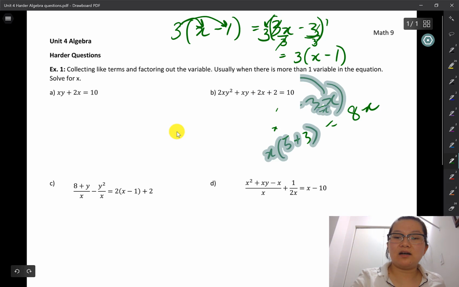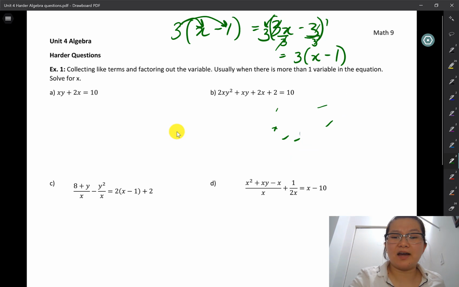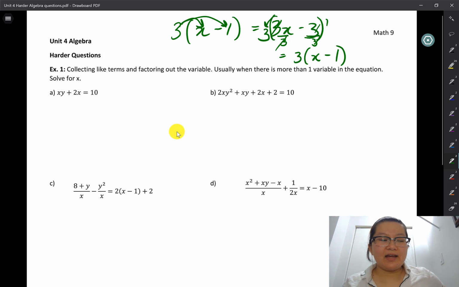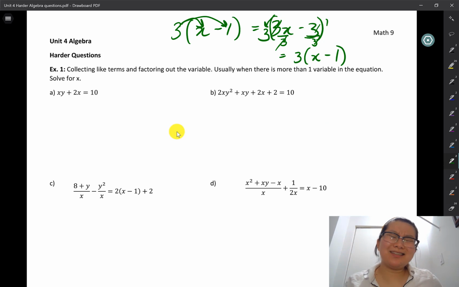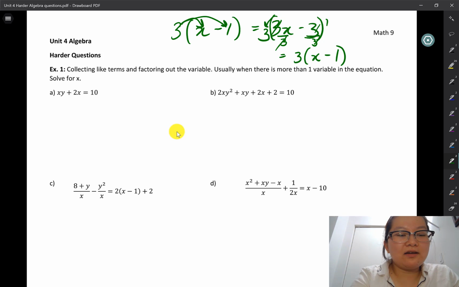And in the first example, I have, let's say, a second variable in the equation. You might say, oh no, a second variable. It's just like any other number. You treat it like any other number, and you just let it do its thing.